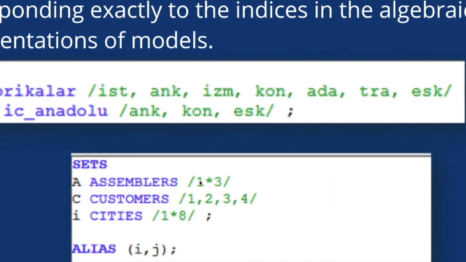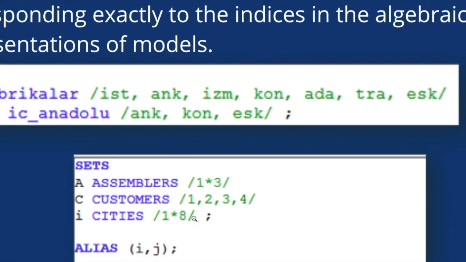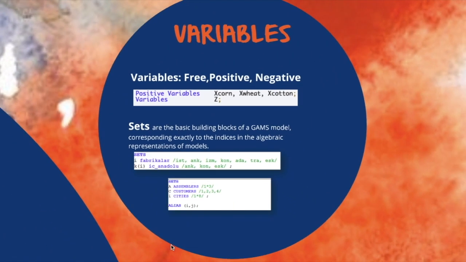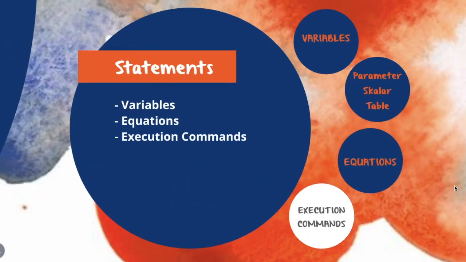Here 1 star 3 means 1, 2, 3. Also you can list them in a basic way. Here I means cities, 1 to 8. We use alias when we need two indices, but I don't think we are going to use it for this slide. Now let's look at some other statements.